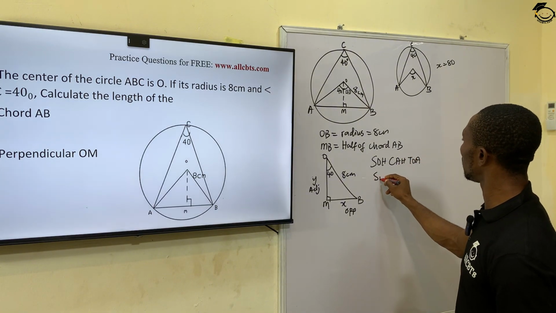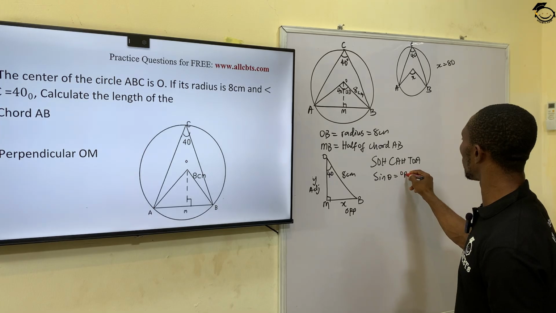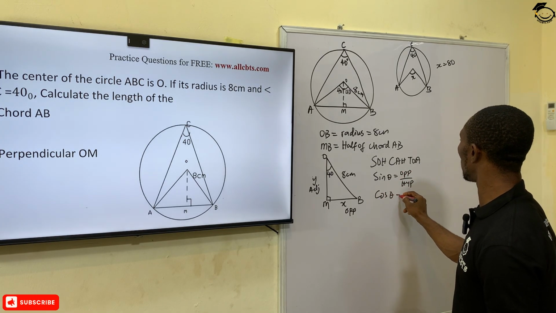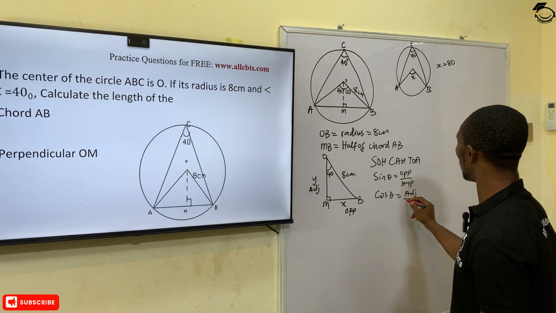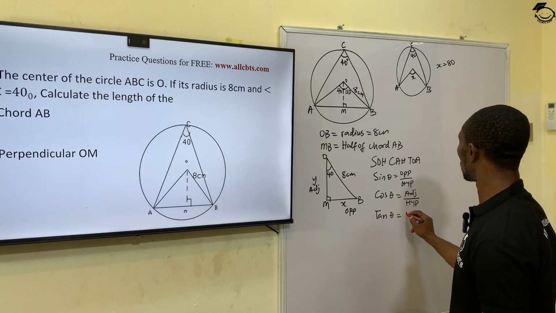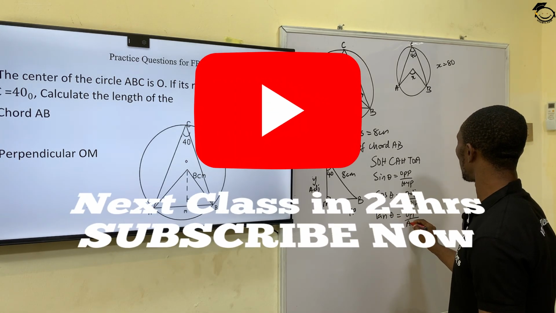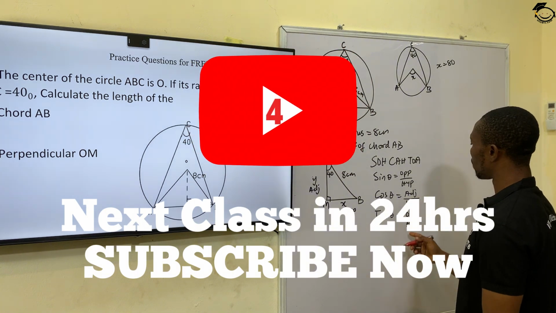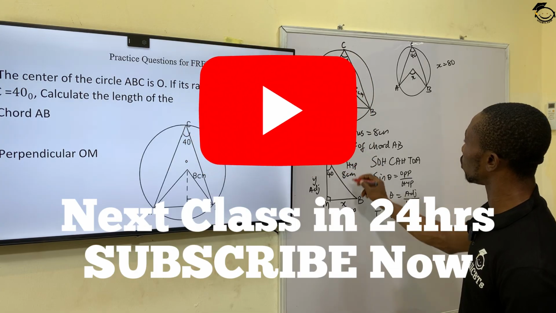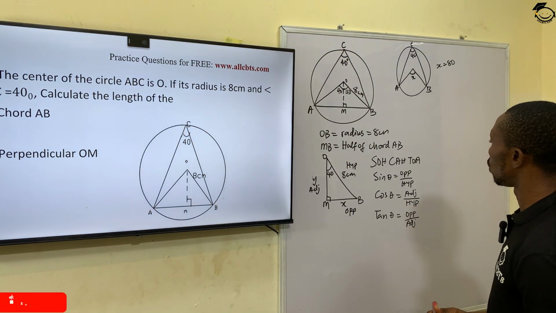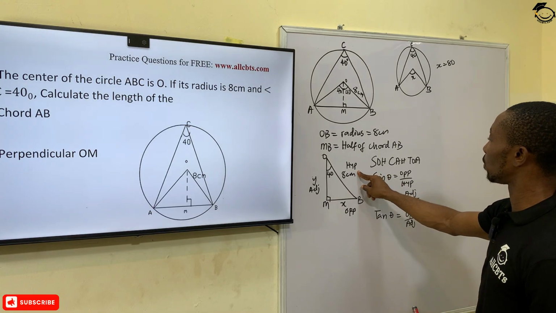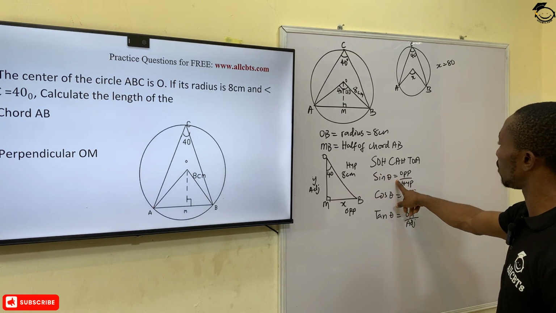Sine theta equals opposite over hypotenuse, cos theta equals adjacent over hypotenuse, and tan theta equals opposite over adjacent. Since our radius is the hypotenuse in this triangle, which of these deals with opposite and hypotenuse? It is sine theta.